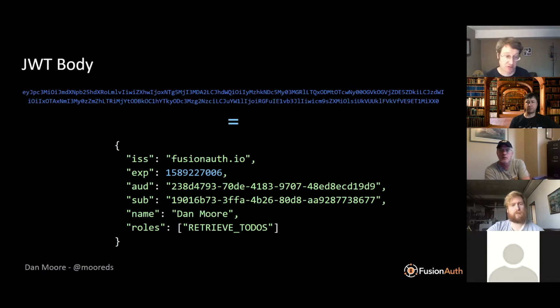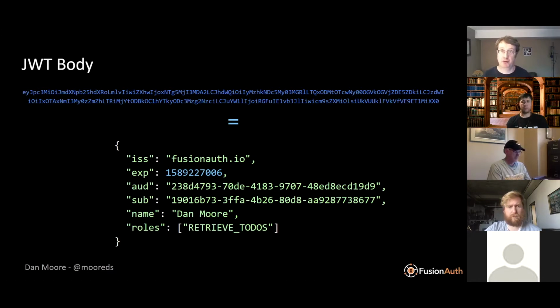So let's walk through some of these standard claims. ISS stands for issuer, and so this tends to be some way of identifying the user data store that generated this JWT. EXP is the expiration time, and so this is the number of seconds into the Unix epoch beyond which this JWT is no longer valid.